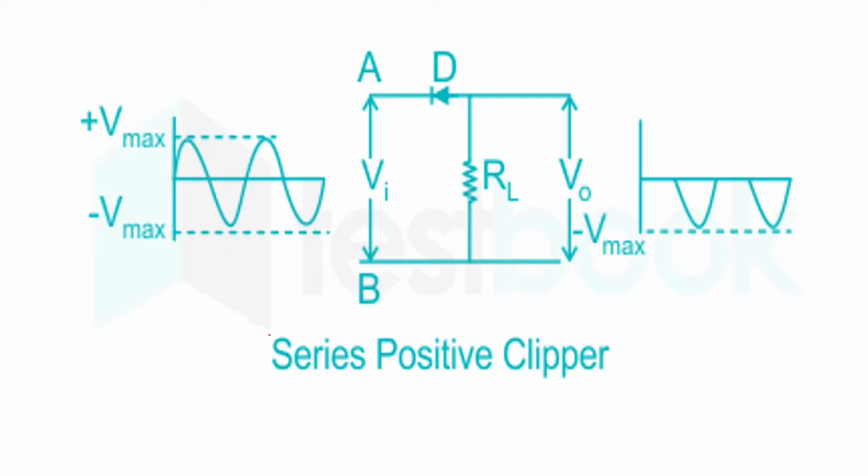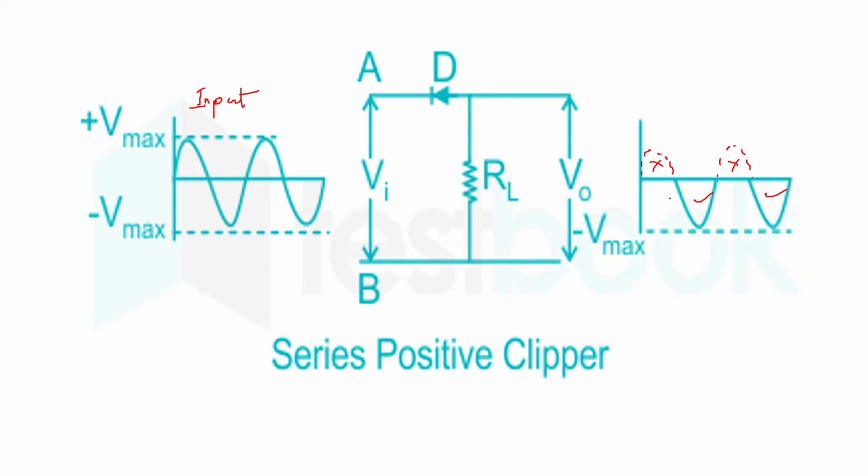So here you can see an example of series positive clipper. The input is given here. This is your input to this circuit, and in that circuit you can see the output is one where the positive half cycles are clipped. These are clipped, these are not there, so it is called as positive clipper, and you get only the negative half cycles at the output.